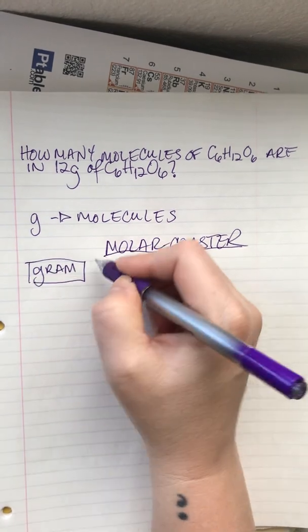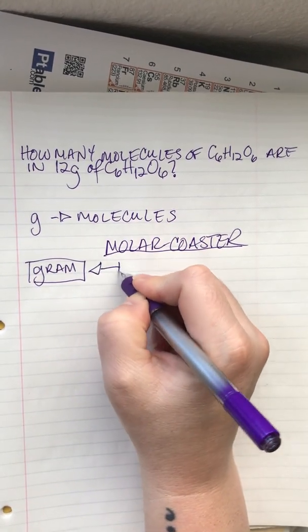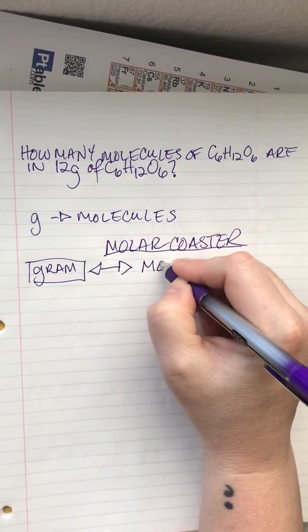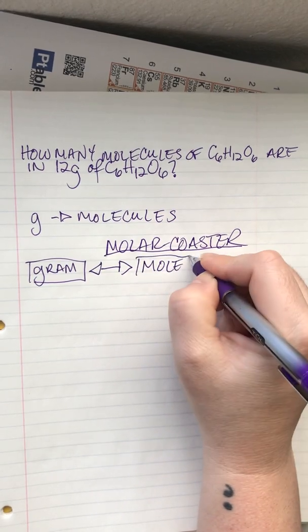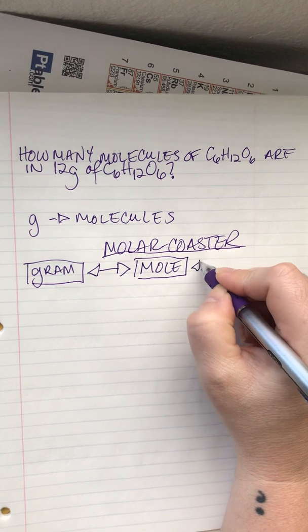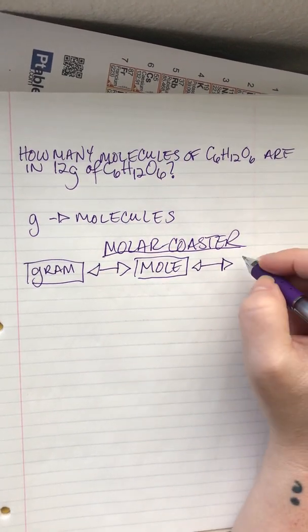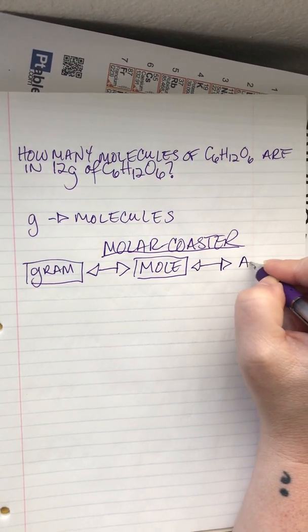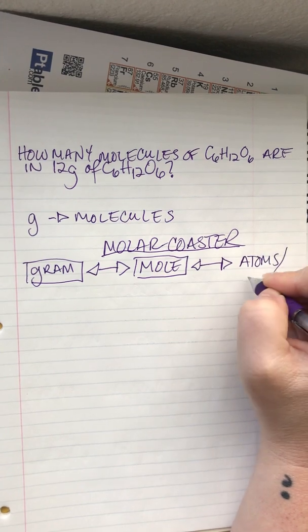So if I'm starting off at grams, first thing I want to do is convert to moles. That's always my first move. Then once I get to moles, I can get to atoms or molecules.